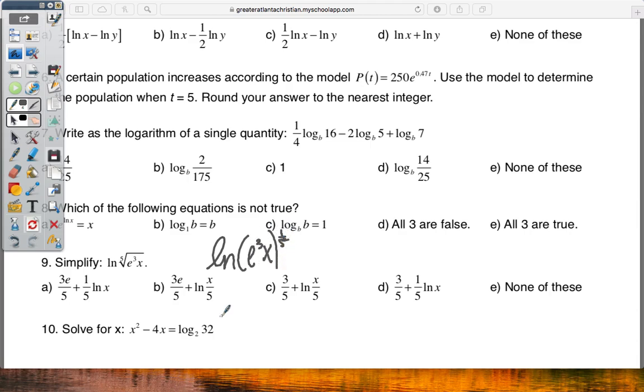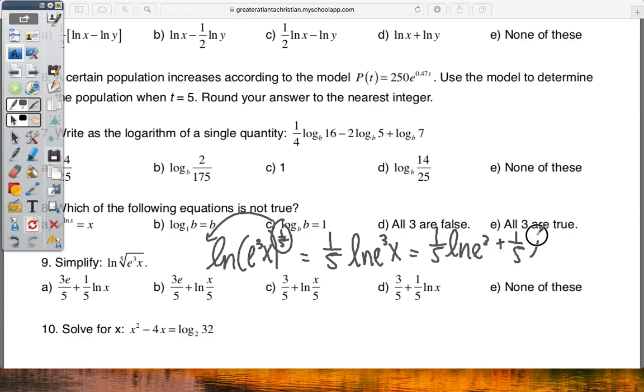Shoot it to the front. Good. Shoot it to the front. What do we do now? So now it's e to the third plus 1/5 ln of x. I like it. I would say the 1/5 goes to both, right? So we would say 1/5 ln of e to the third plus 1/5 ln of x. Y'all follow me on that?